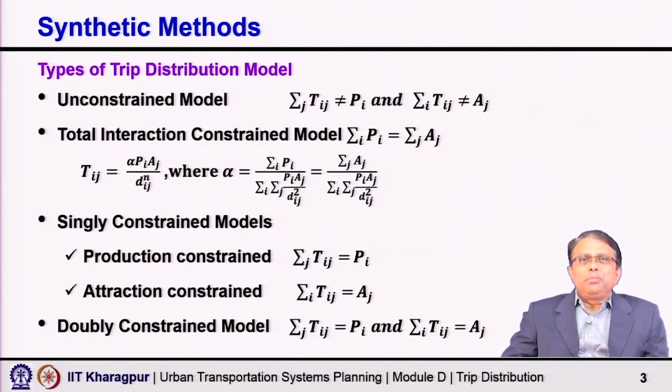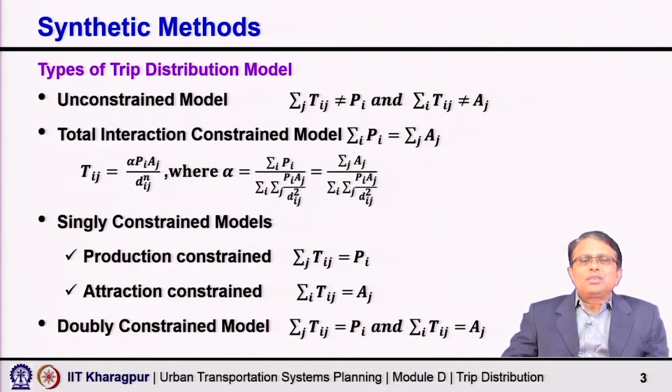So, sum over i of P_i should be equal to sum over j of A_j, j meaning all the destination zones. Generally, T_ij equals alpha into P_i A_j by d_ij to the power n, that is the general form.